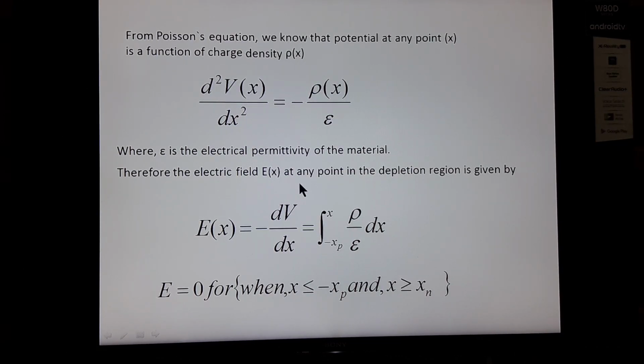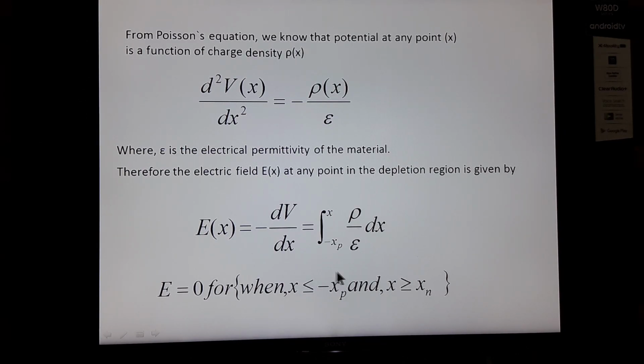Therefore, the electric field at any point in the depletion region we may calculate from the gradient of potential by this relation, and the value of electric field at the neutral N region or P region is equal to 0, that is, when x is less than or equal to minus xp, the end of the depletion region in the P side, as well as above the depletion region of the N side, that is x greater than xn.